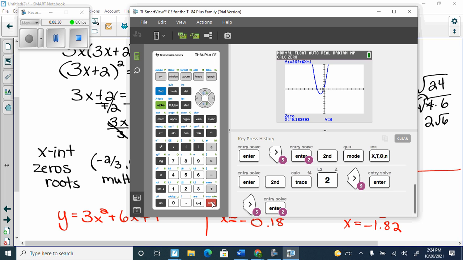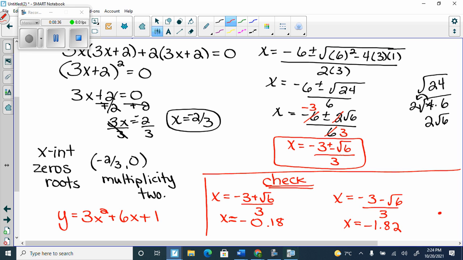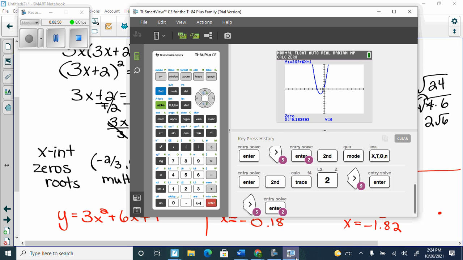Something is wrong with this one, Karsten. This should be -0? No, it says it's not -1, is it? Why is it not? It looks like a 0 on here.